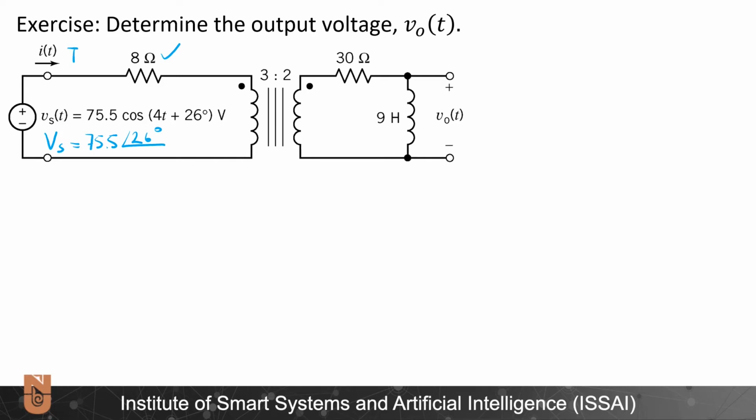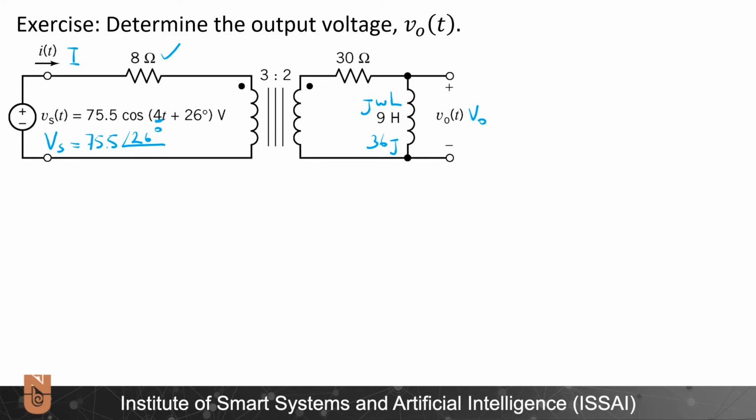This current will be the current phasor I, and V will be the V out phasor, and this 9 Henry will be 9 times 4, 36 j. So that is the impedance, because the impedance for an inductor is j omega L, and omega is here 4.